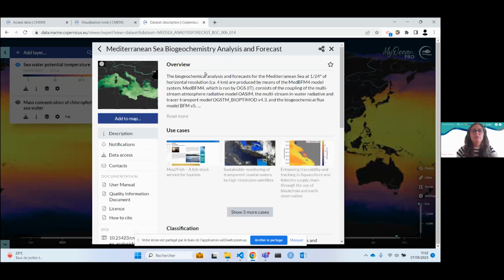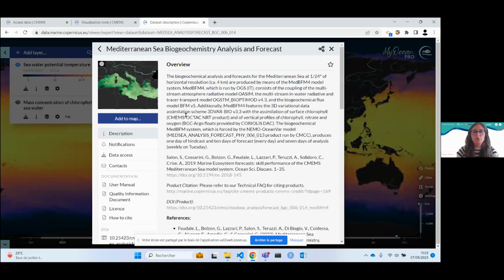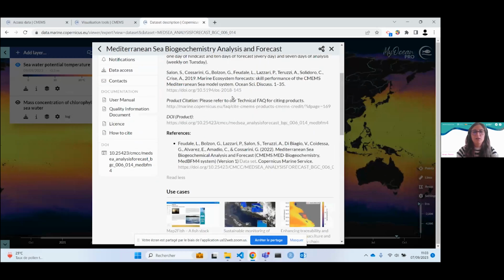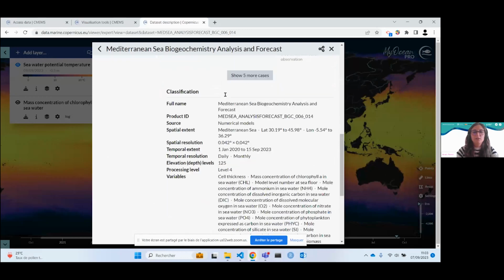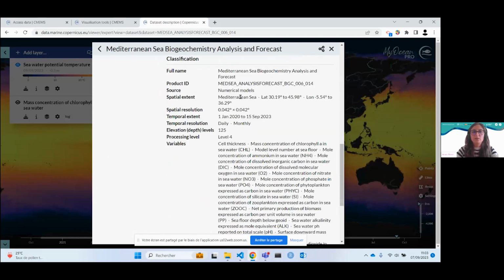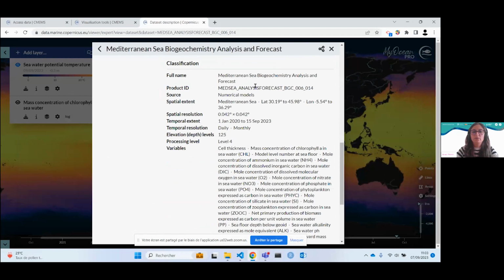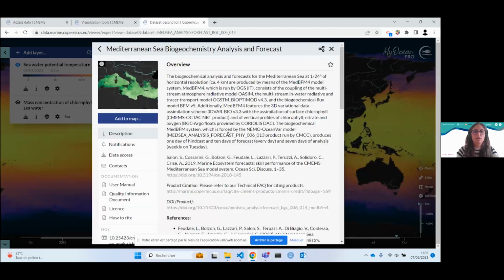So you arrive on the description page of the product, which has a presentation and the references used, and a part on the parameters taken into account for this one, like the source, the temporal extent and resolution, and so on. You also have different tabs.